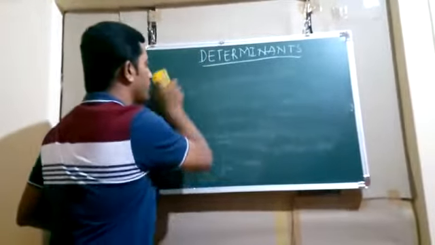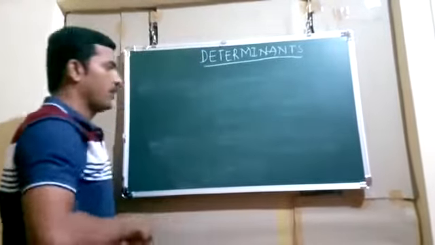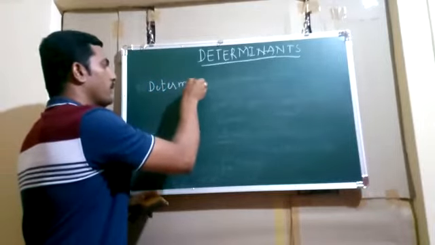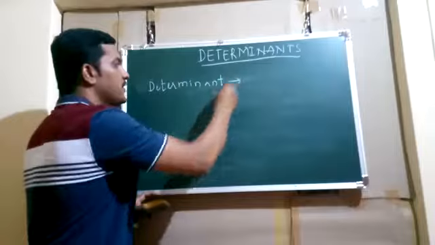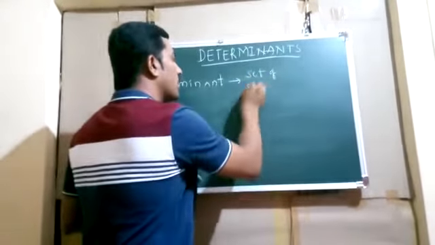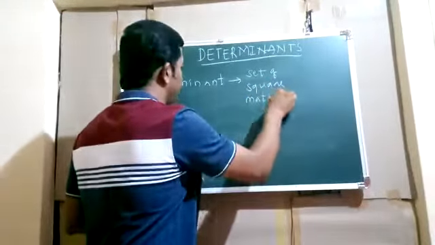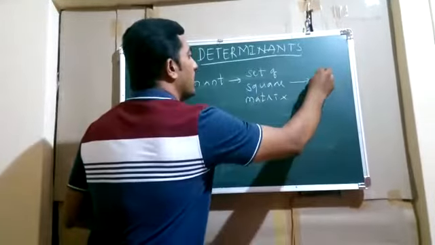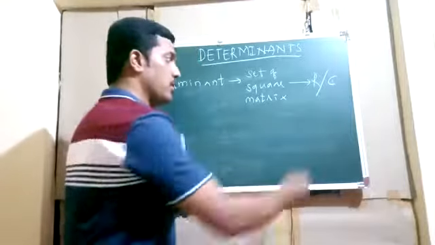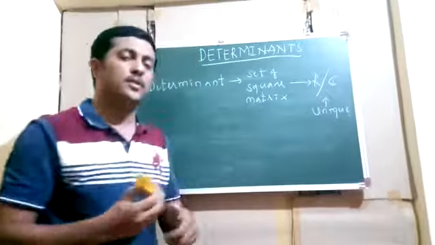A determinant is just a mapping from the set of square matrices to a real number or a complex number. So here this is unique, means whatever square matrix you put here, you will get a unique number, either a real number or a complex number.